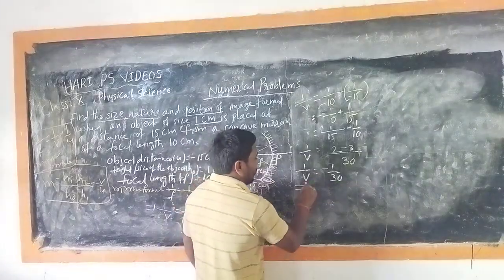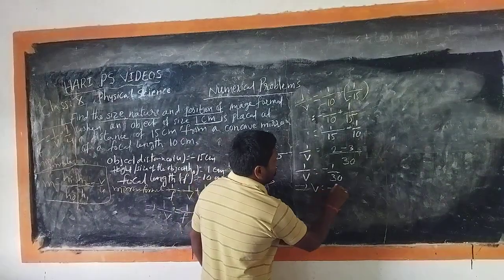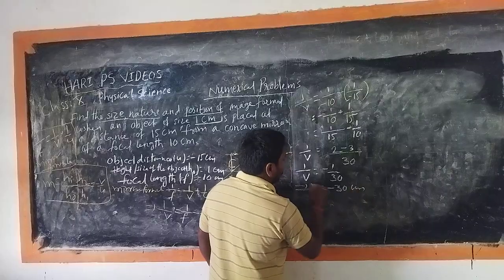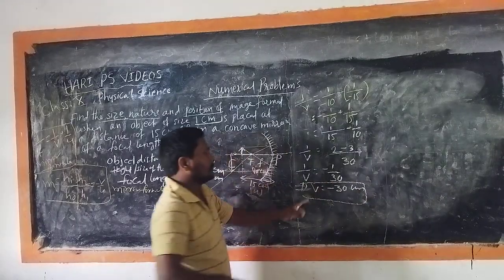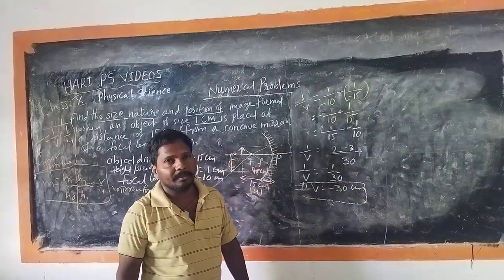So from this we can write v is equal to minus 30 centimeters.